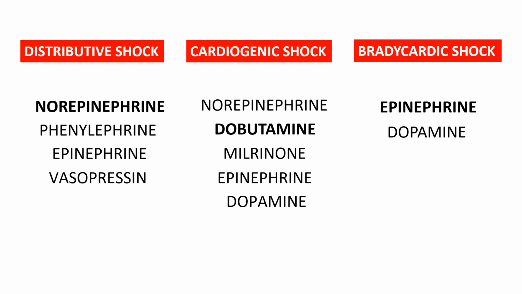Specifically in distributive shock, this happens sometimes where patients are on norepinephrine and their requirements are escalating pretty rapidly. The sequence that I use to add other pressors is I usually get to a moderate dose of Levophed. When I'm there, I'll add vasopressin and see if we can decrease the amount of norepinephrine they're on, and then later on add phenylephrine or epinephrine as a third pressor.